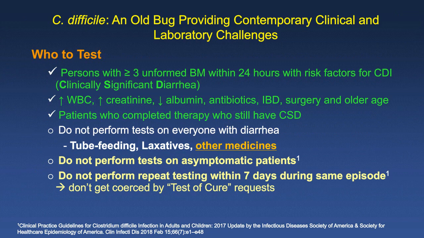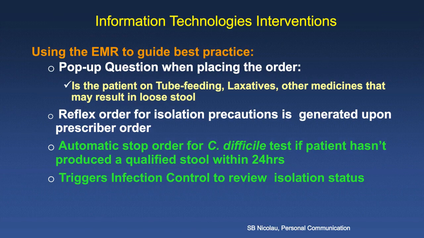As my colleague said very clearly, in addition to do not perform the test, there is support in the guidelines for not testing asymptomatic patients, and again, not performing a retest within 7 days of the same episode. So again, if you're fighting those battles at hospital, then the guidelines will provide some support for that.